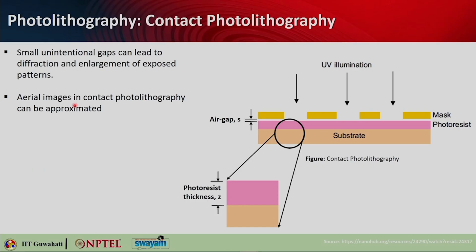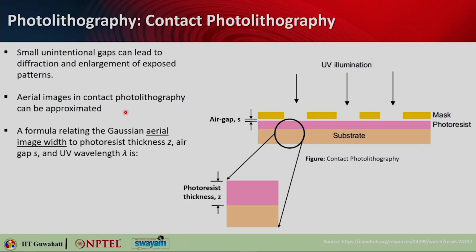Now, aerial images in contact photolithography can be approximated. There is a formula that relates the Gaussian aerial image width to the photoresist thickness. The thickness of the photoresist layer is Z, the air gap is S, and the UV light wavelength is lambda.